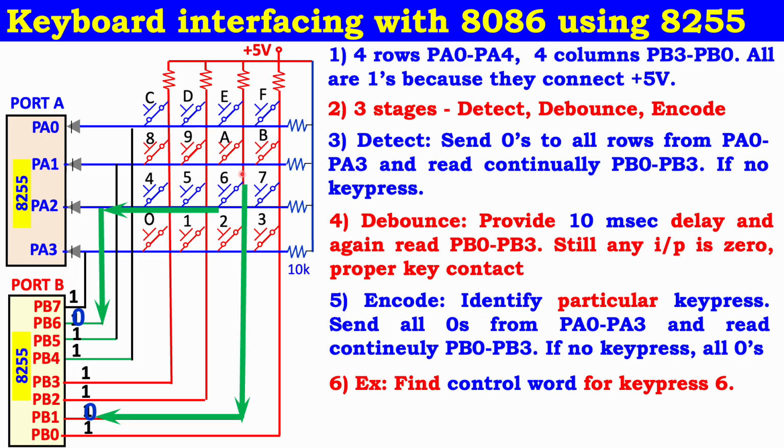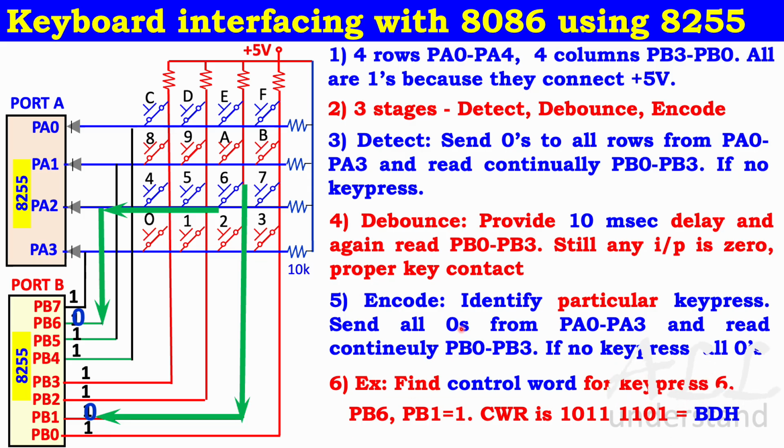In a similar manner, the column. Key 6 is pressed, so the row PB6 becomes 0, and the column according to that bit, PB1, becomes 0. So what is the control word? 1011 1101. This is the best example to write down how the key press is identified.